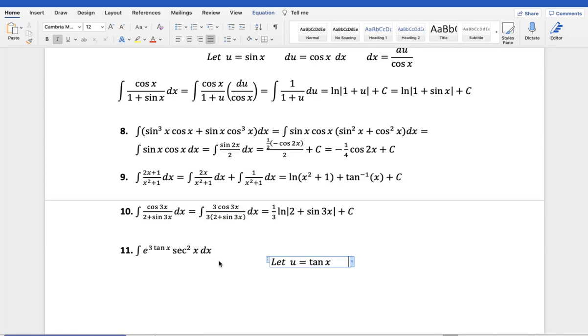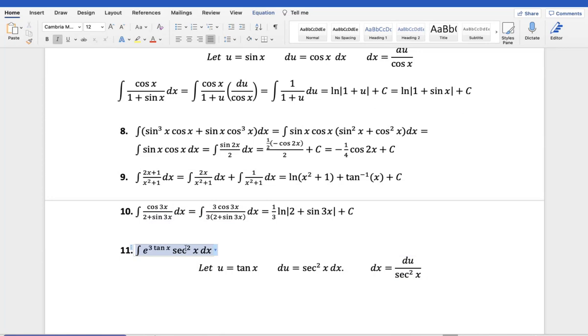And immediately we know that if u is equal to tan of x, du, the derivative of u, is equal to sec squared of x dx. Meaning that dx is just equal to du divided by sec squared of x.